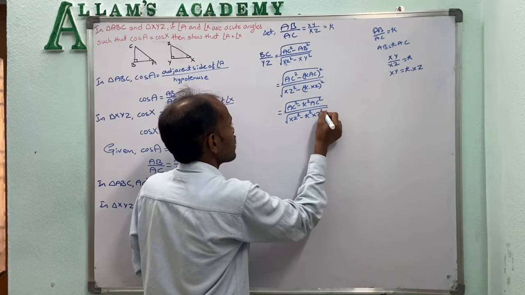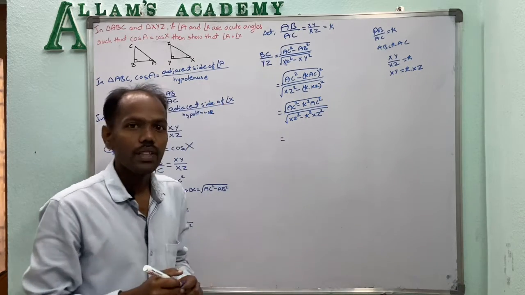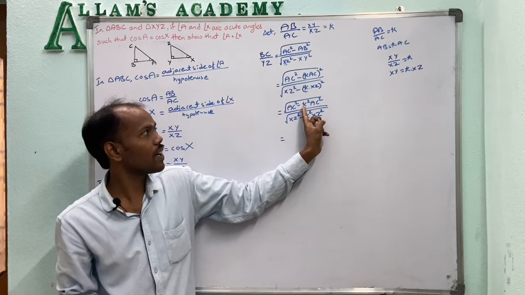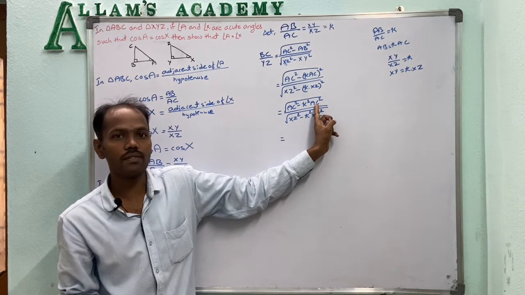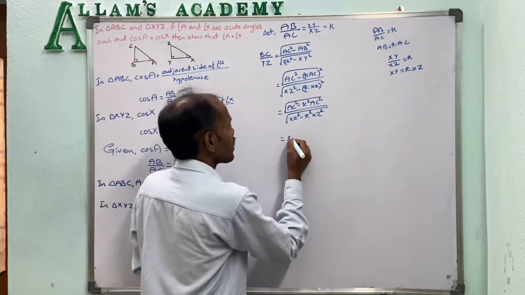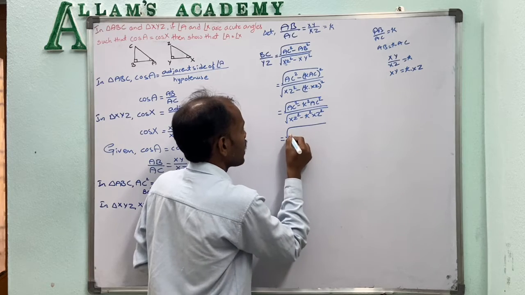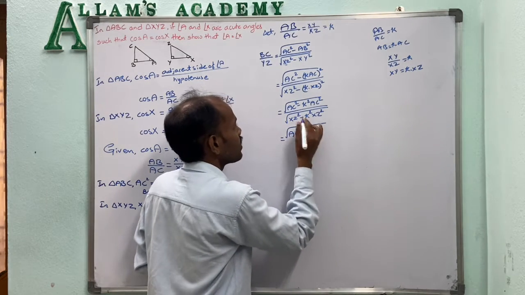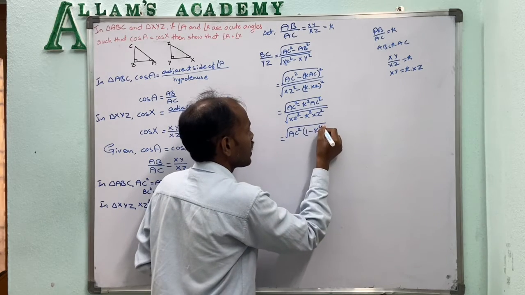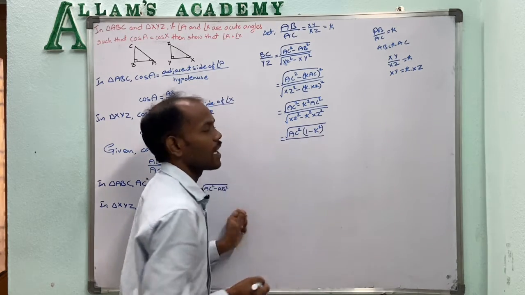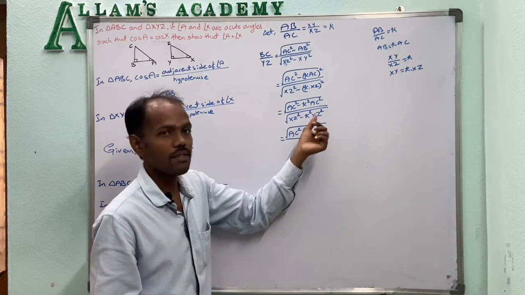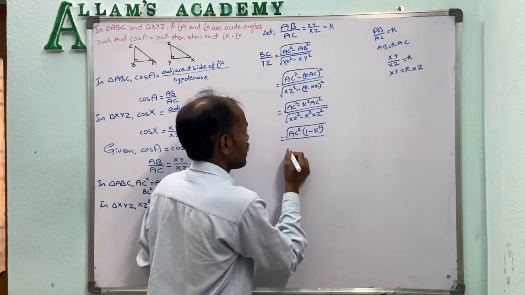So that equals root of AC square minus k square into AC square, by root of xz square minus k square into xz square.